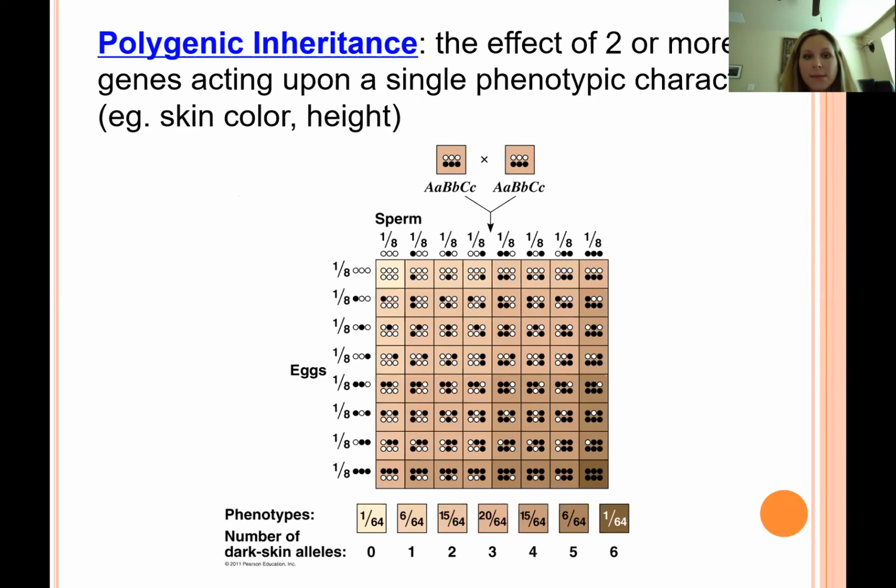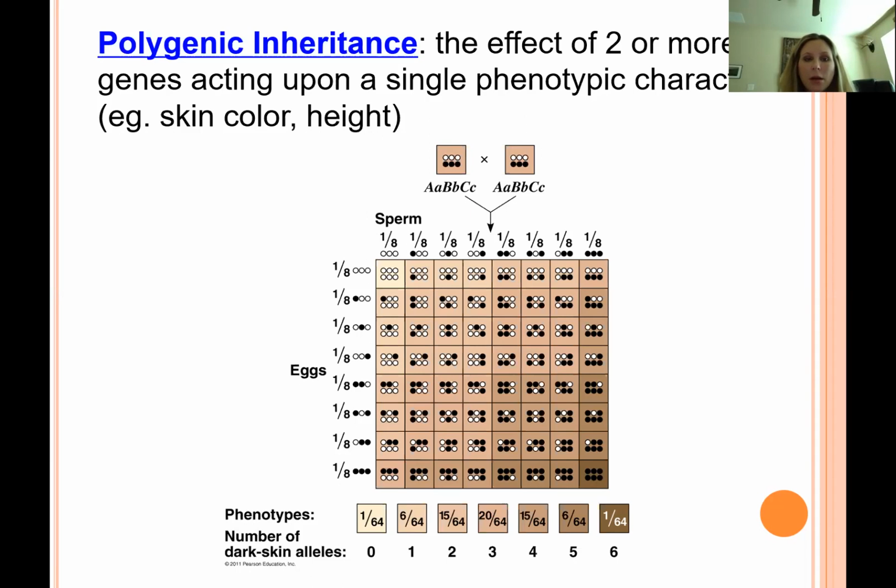Polygenic inheritance means that for one phenotype, one outcome, there are more than one genes that determine it. The classic examples are skin color and height. There are about 6 different genes that actually code for skin color.